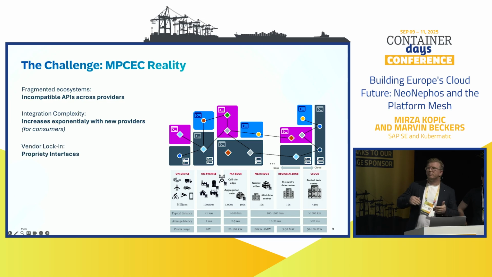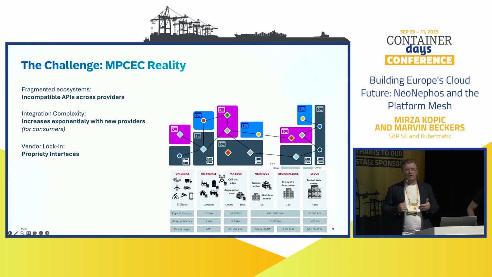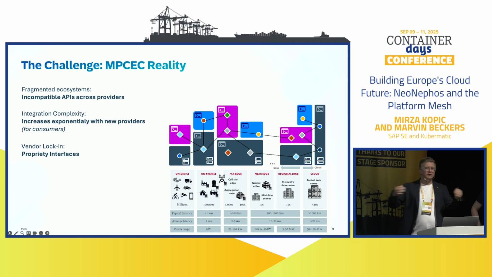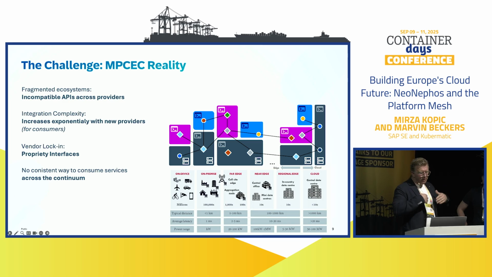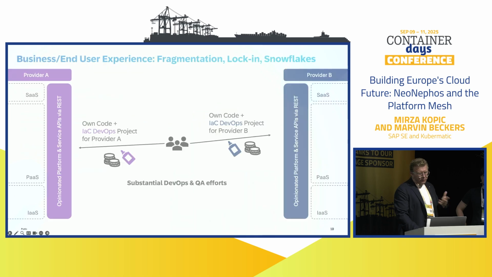If I am subscribing to provider A and provider B, I have to understand both of their opinionated APIs to make sense of them for my own needs. This leads to proprietary lock-ins and vendor interfaces that you have to communicate across. So there's no consistent way across this continuum for consumers.